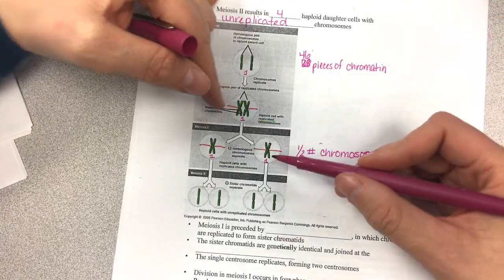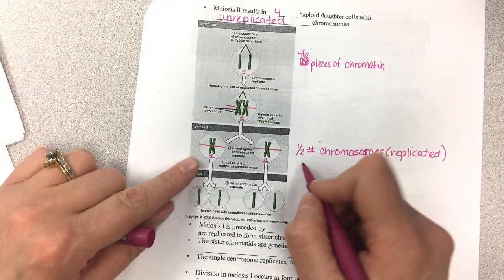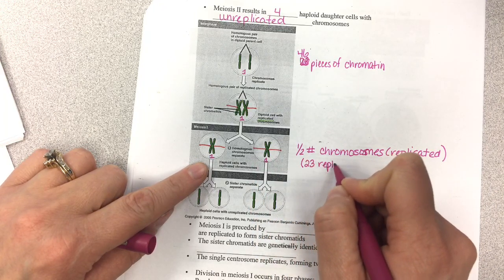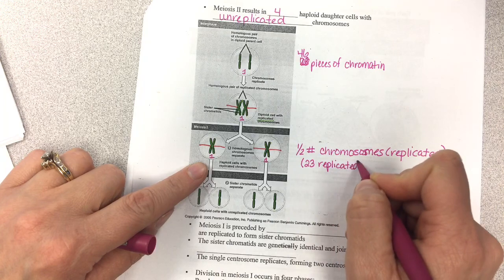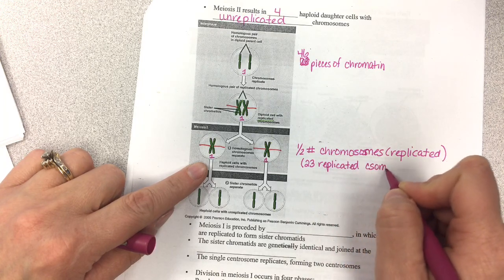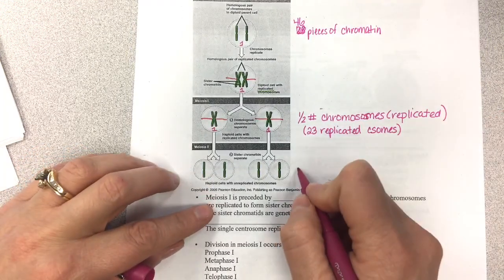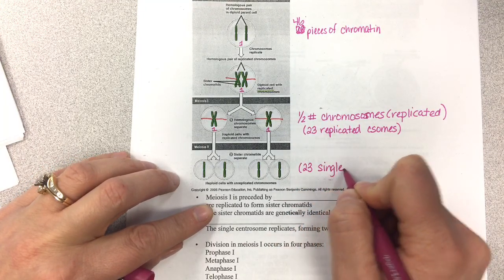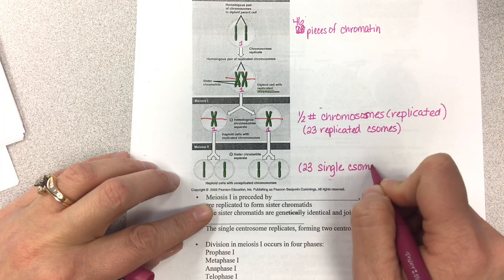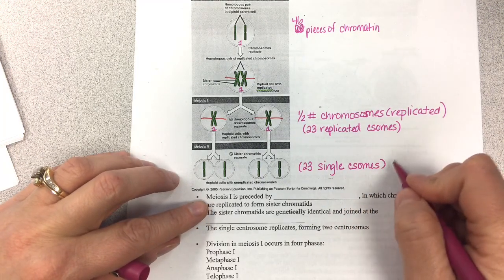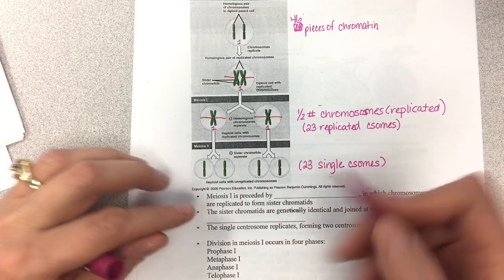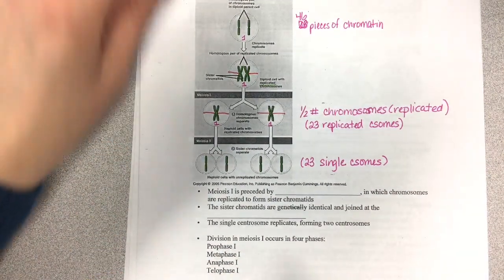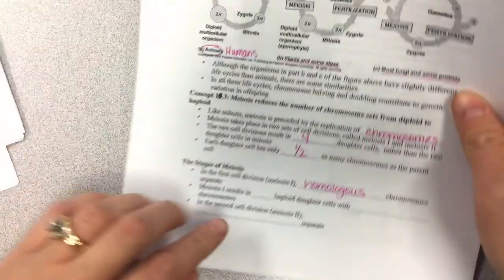And so here, by the time they split, we would say that humans would have 23 replicated chromosomes right here. Just abbreviate C-somes for chromosomes. And then here we also have 23 single chromosomes, or non-replicated chromosomes. And then eventually they will unravel and become 23 pieces of chromatin. All right, and so that's meiosis 1, separating homologous chromosomes.